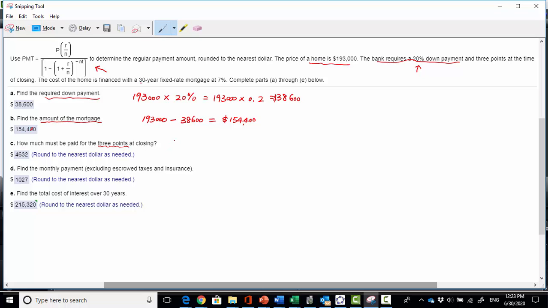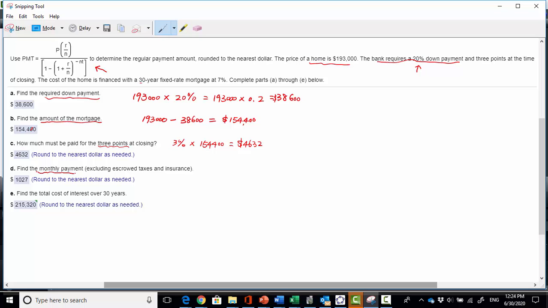So 3 points is 3% of the mortgage, which is $154,400. Multiply these two together and round to the nearest dollar, and that would be $4,632.